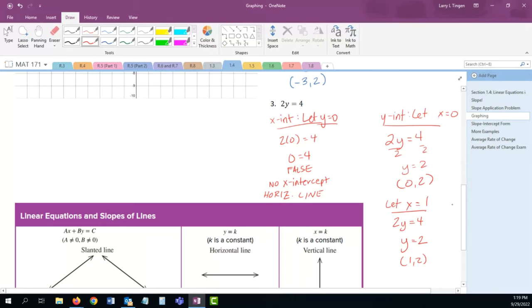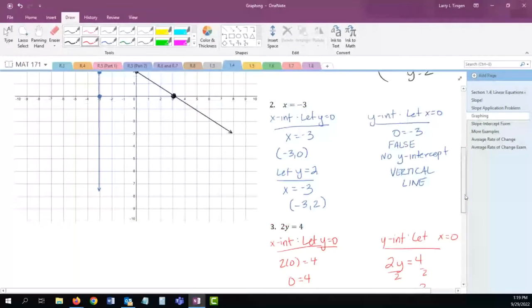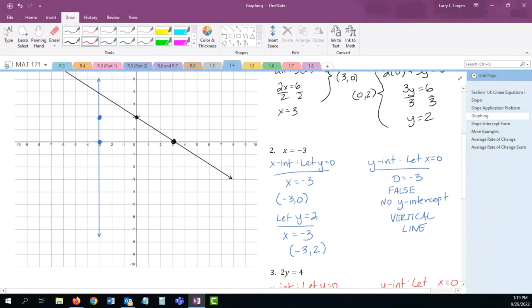So there are my 2 points, 0, 2, and 1, 2. 0, 2 actually happens to be the same point that we found for our y-intercept for the first problem. And then 1, 2 is right beside it. I now have 2 points, which means I can draw a straight line through them. And there they are.